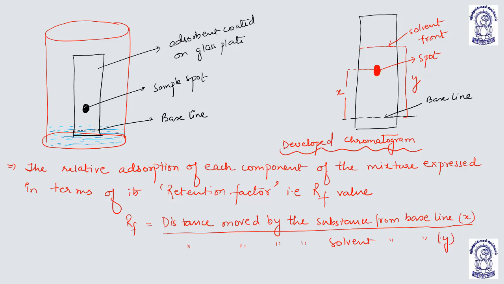Y. The spots of colored compounds are visible on the TLC plate due to their original color.